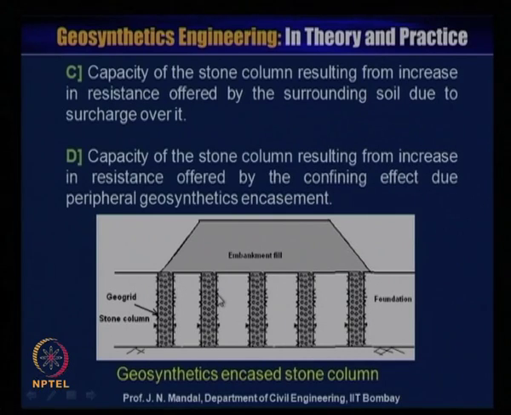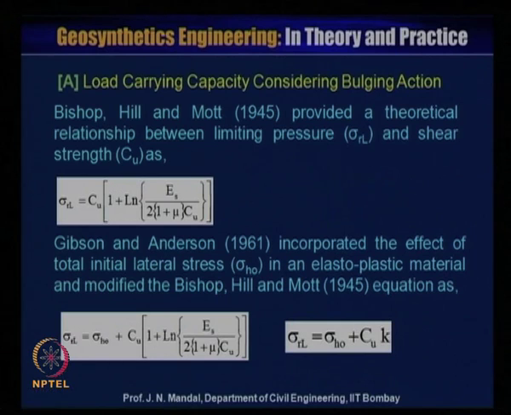I will specifically focus on only one result using that encased stone column, and this is the embankment. A. So, what theory has been adopted for this? A. Load carrying capacity considering the bulging action.